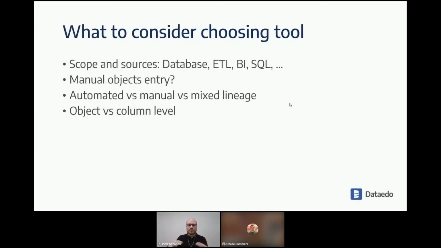So it's important to understand what the scope is. Then, does the solution provide manual object entry? Some of them are automated, like the majority of them, those I just mentioned. They only allow you to document what they can see.